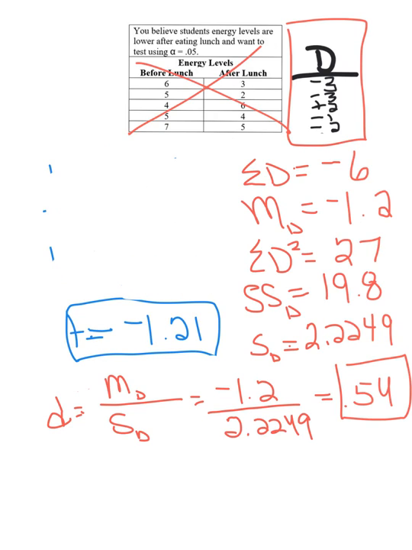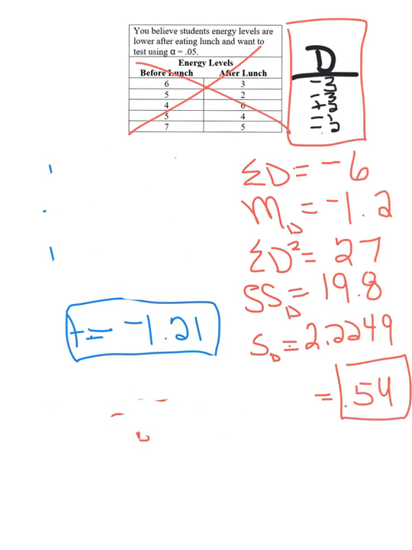So we need our t obtained, and we're going to need our Cohen's d eventually. So I'm going to put d here so that we know that's what that is. But we need to look up a critical value for a two-tail test, because our confidence interval, if you recall, is the mean of the differences plus or minus t crit for a two-tail, and now it's the estimated standard error that we need.